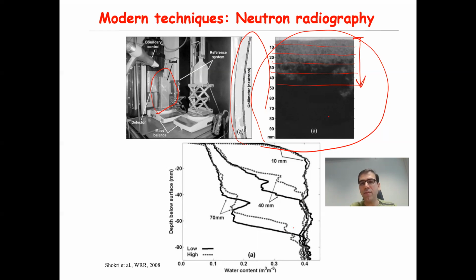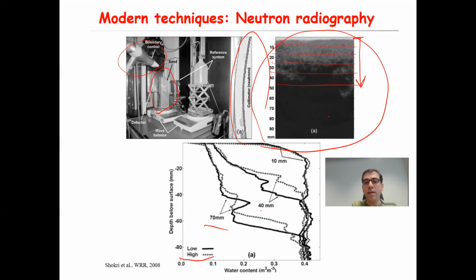You see two curves here, a dashed line and a solid line, which indicate the different boundary conditions in our experiment. In one case, we had a hair dryer close to the sample, which caused a high level of water evaporation, so we named it high. In another case, the hair dryer was a bit away from the drying sand sample, and the potential evaporation was less, so we call it low.